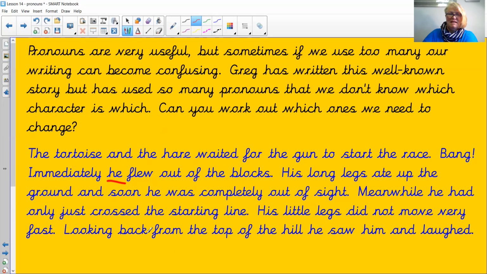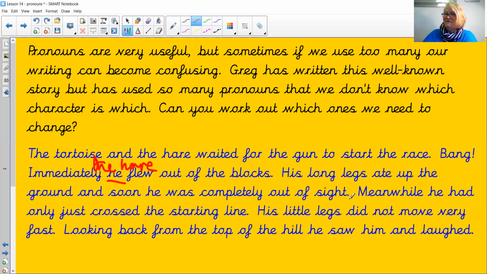Let's take that back because that doesn't look at all neat. So, the hare. The hare flew out of the blocks. His long legs ate up the ground, and soon he was completely out of sight.